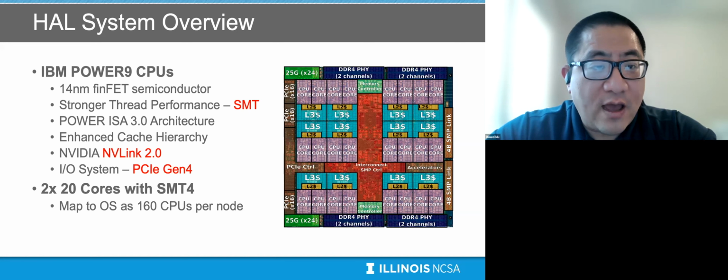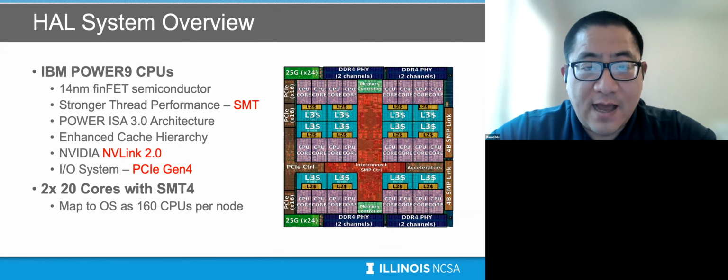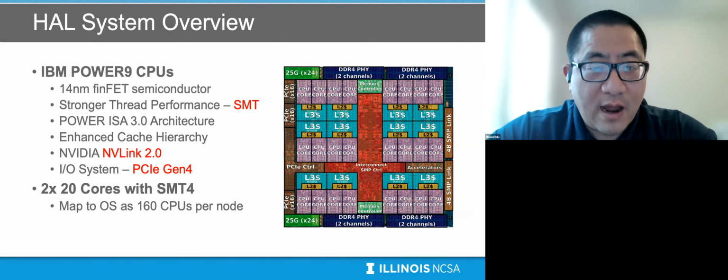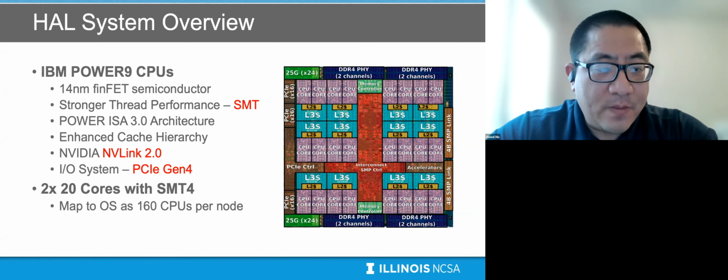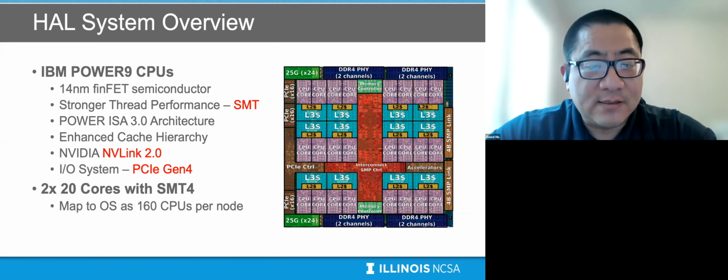First, it has stronger thread performance, the SMT4, which means each physical core has 4 hyperthreads. So that's why the 220 cores with SMT4 will map to the OS as 160 CPU cores per node.